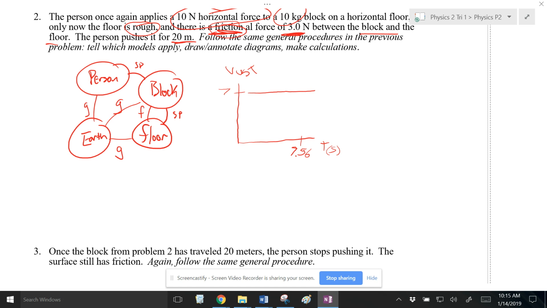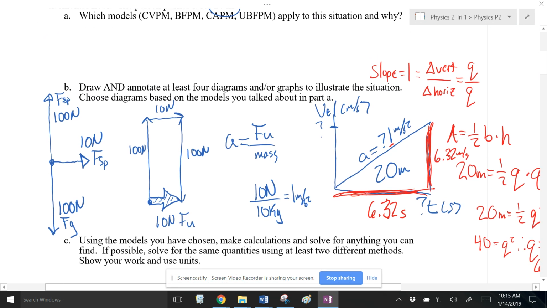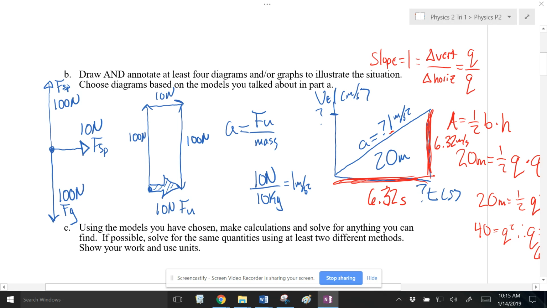If you scroll back, you can use your finger to scroll there. Look at the previous problem. Keep in mind, this thing's starting from rest, so what does that tell you about your graph shape? It's going to start from a velocity of 0, so it should go that way.